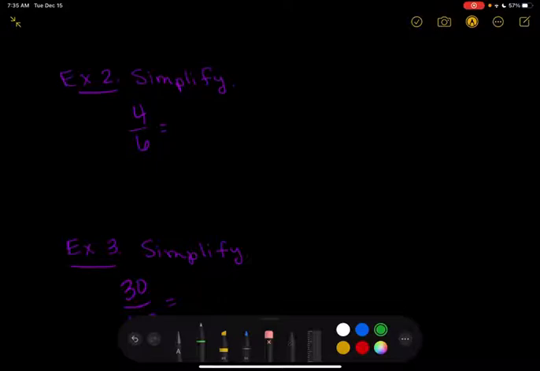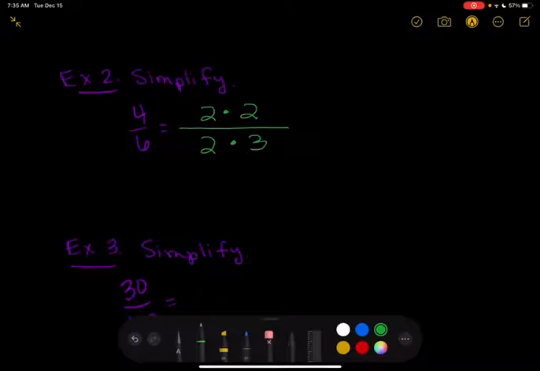So I'm going to show you this kind of longer way to do it. We're going to write the top as a product of primes and the bottom, and then we're going to do what's called removing a factor of 1. Again, this is going to make Math 90 so much easier if we can try to understand this concept now. So 4 is 2 times 2, right? 6 is 2 times 3.